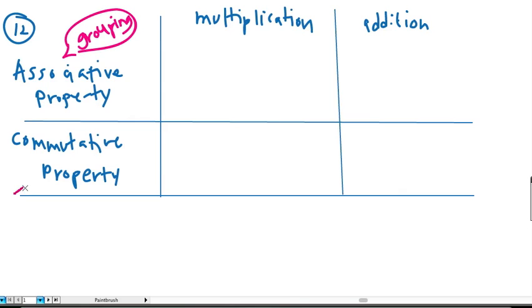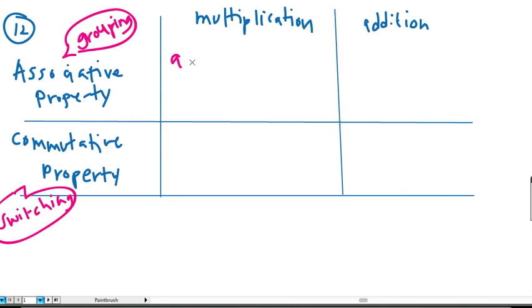When we think about the commutative property, we think commute, going from A to B and B to A. So we're thinking about switching. And so these words really help me remember which is which. So for grouping, we could have A plus B plus C. In fact, this is multiplication, so let me undo that.